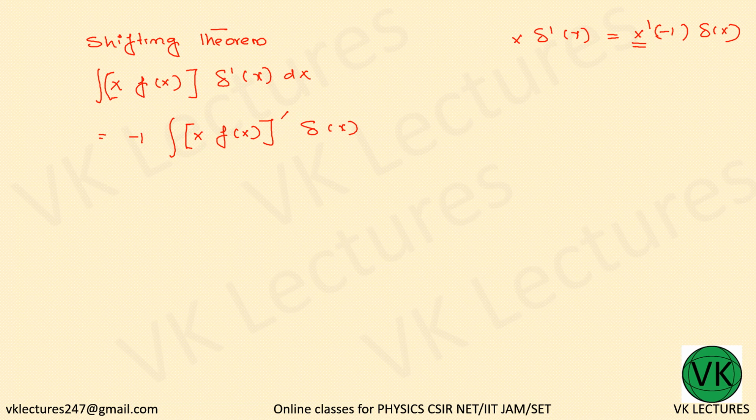Okay, now this is the derivative of uv, so u into derivative of v plus derivative of u into v, right?